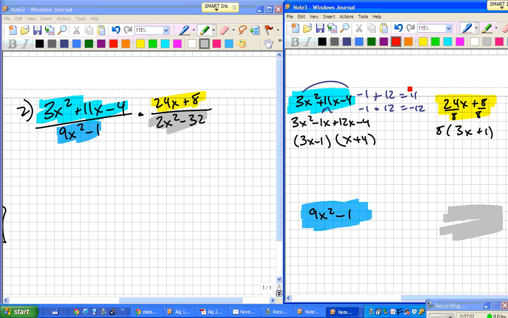9x squared minus 1. A lot of people had trouble with this in class. This is actually the difference of two squares. So we get 3x plus 1, 3x minus 1, and then 2x squared minus 16. You can factor out a 2. Oh, not 16. 32.